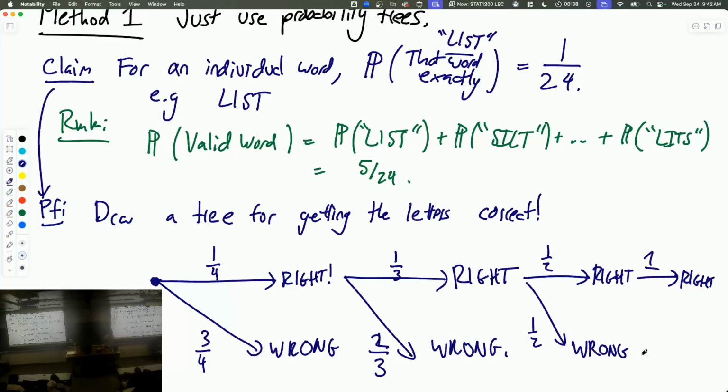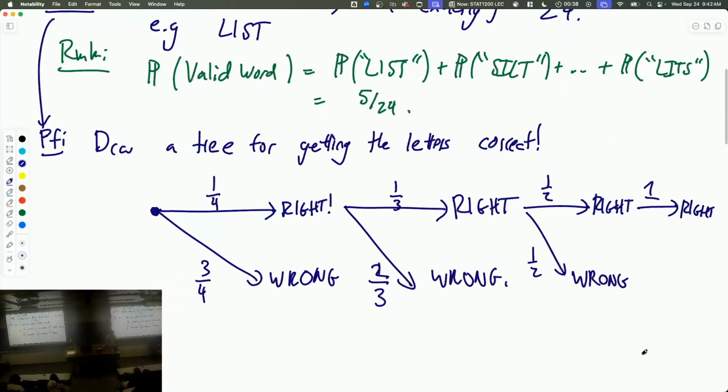So in other words, to get perfectly the word list, you need 4 things to happen in a row. First, you need to get the first letter right. Then you need to get the next letter right. Then the next letter, and then the next letter. And we can calculate the chances of each one, and we can combine these with the probability multiplication rule.